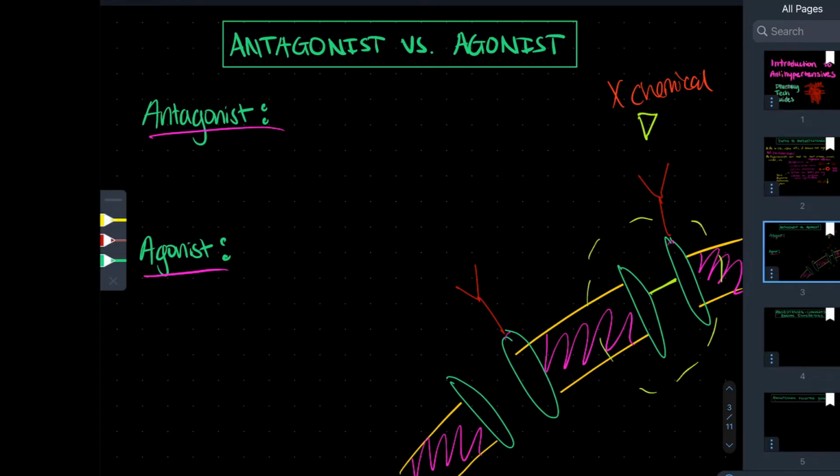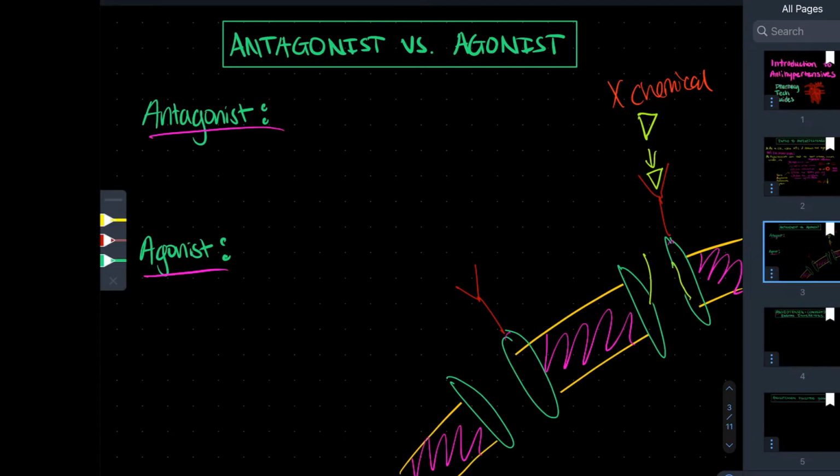Okay. So how are we going to do that? So let's say X chemical can bind to this channel and it fits perfectly, and then it causes this channel to open, and then whatever the channel does totally depends on what we're talking about, but this is just how almost everything in our body works this way. So we have some chemical that opens up a channel or activates some metabolic pathway.